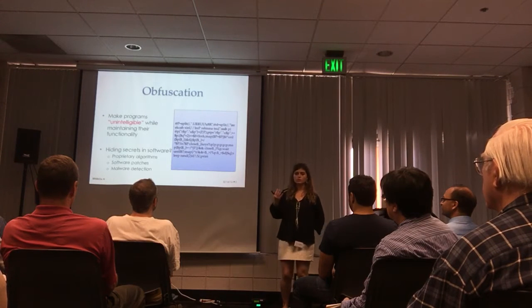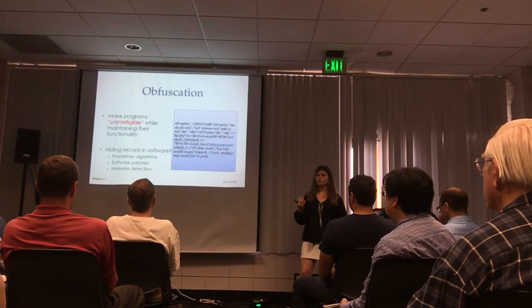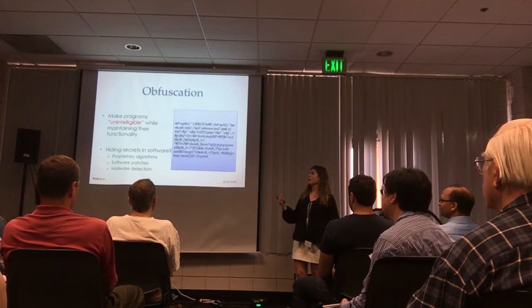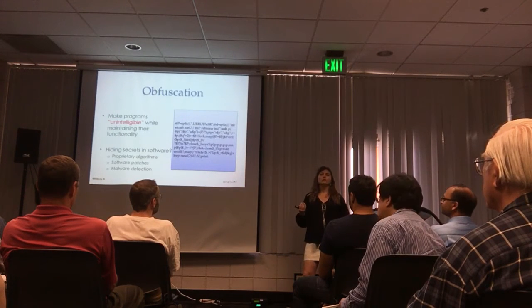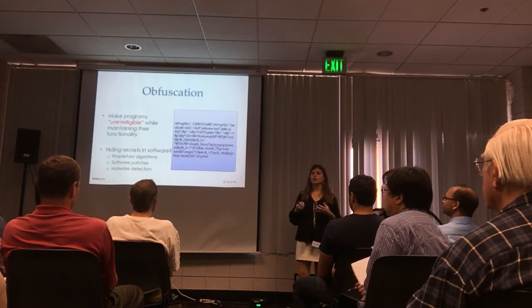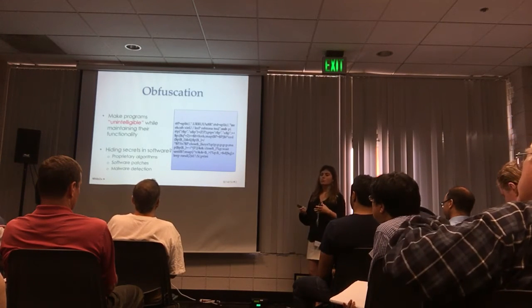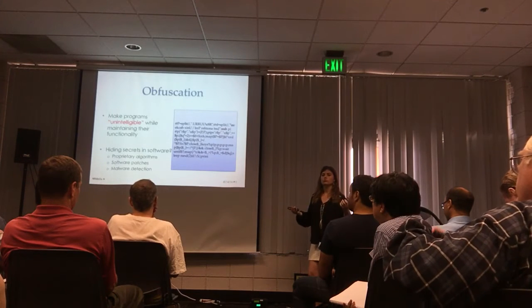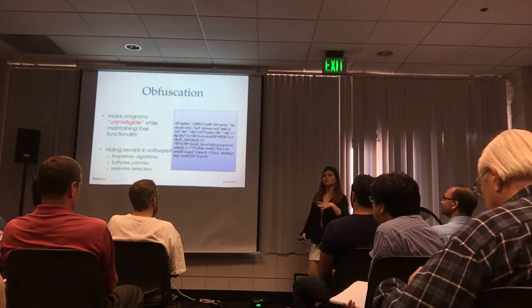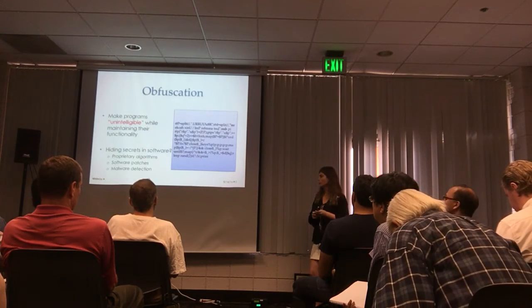Well, in general, this approach of obfuscation is allowing us to hide secrets in software. So this might be because we have proprietary algorithms that we want to hide from the people who will be using them. We might want to be able to issue software patches without pointing directly to the vulnerability in our programs.